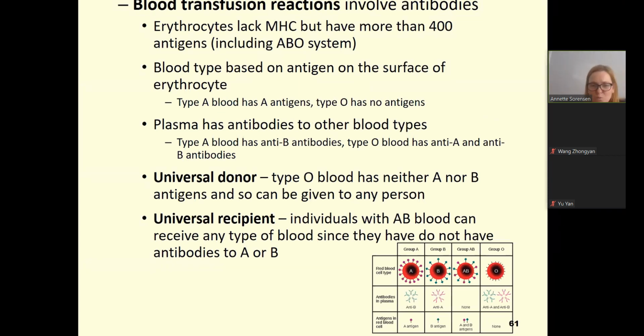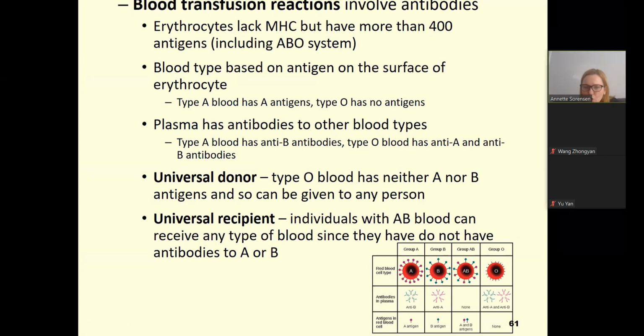So that is what you can see down here. If you have blood type B, you've got antigen B on your red blood cells, and you have antibody A in your plasma. If you're AB blood type, you don't have any antibodies in your plasma.